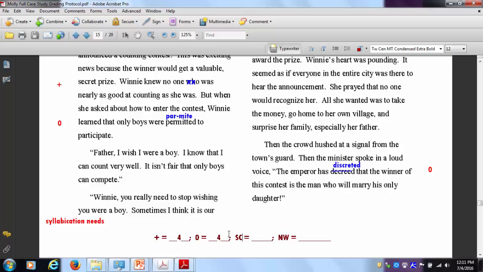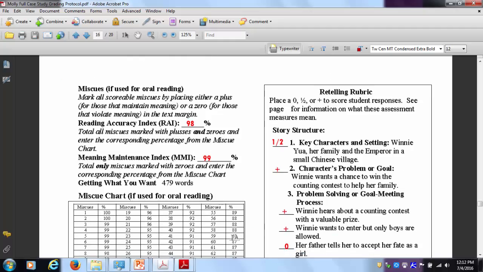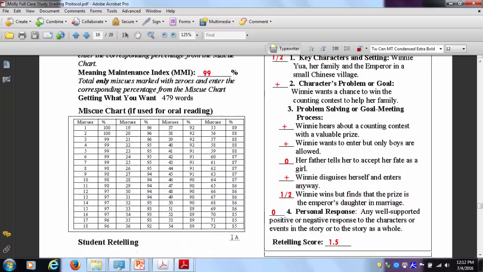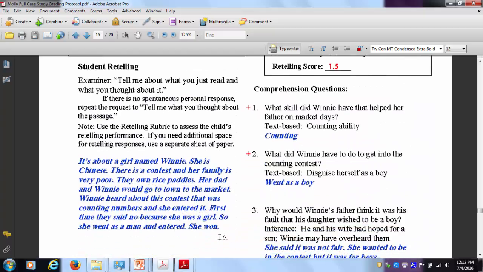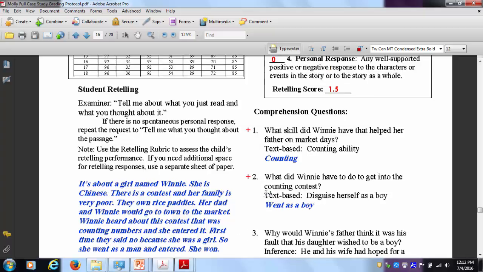We have no self-corrections, but we have 2 non-words. All right, so we're ready now to move to the retelling. And in our retelling here, we have some clear confusion about this whole story. All right? She seems to think she's entering the contest 2 times.